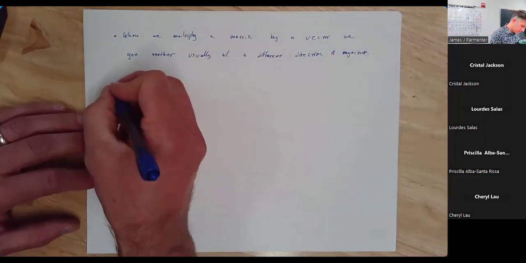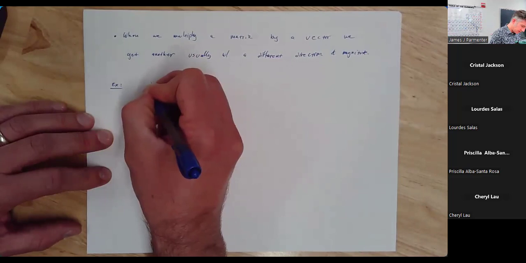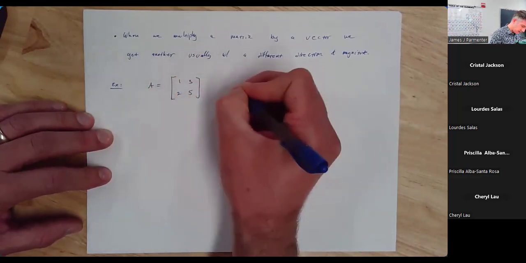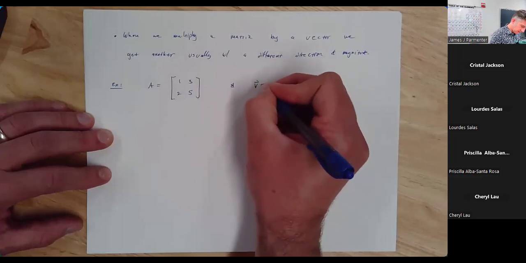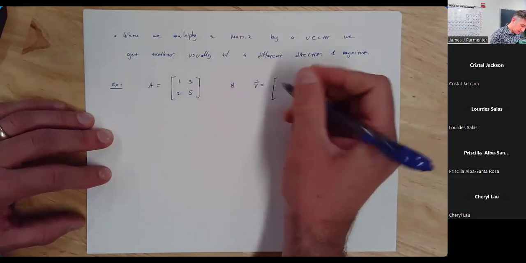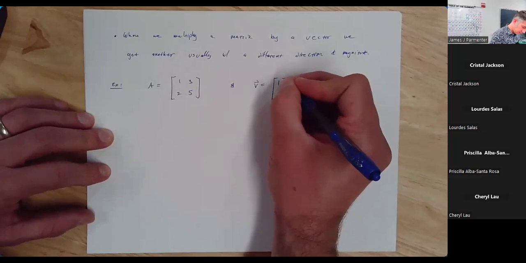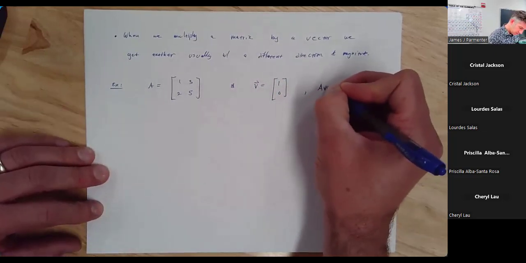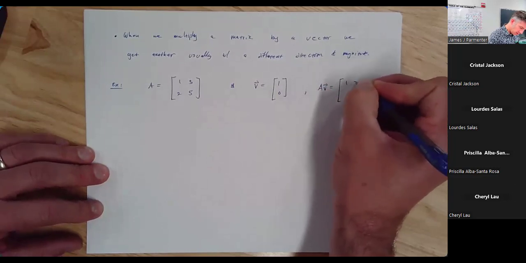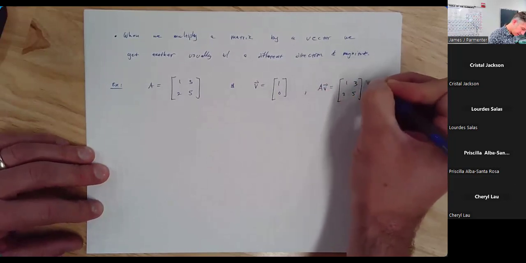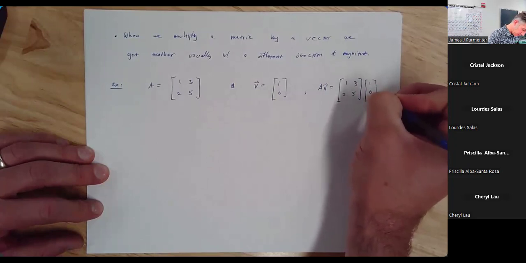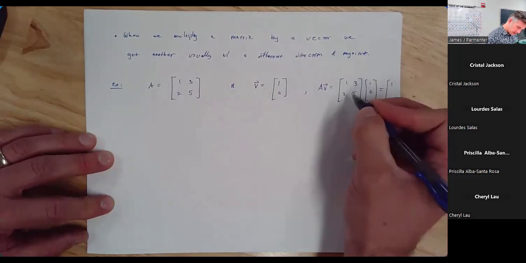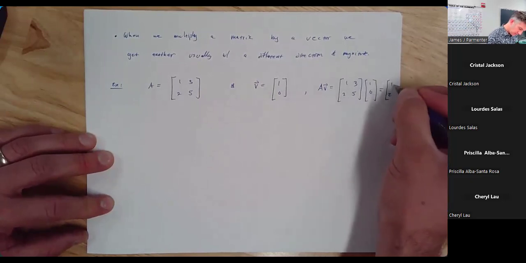For example, if your matrix is 1, 3, 2, 5, and your vector is, let's just start with, 1, 0. A times that vector, which is equal to 1, 3, 2, 5 times the vector 1, 0, is going to give me, let's see, 1 times 1 plus 3 times 0, and 2 times 1 plus 5 times 0.